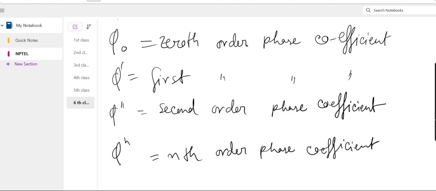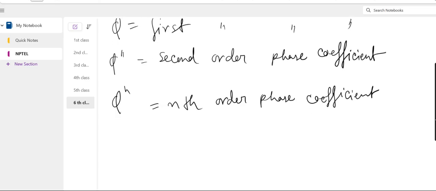For a very good pulse, you don't need to go up to phi to the power n, but there are very bad pulses, as the professor explained in the class. Then you need to go beyond the second order thing.